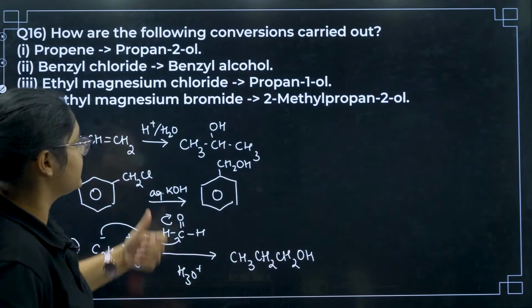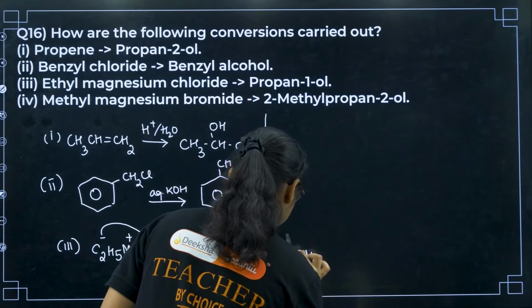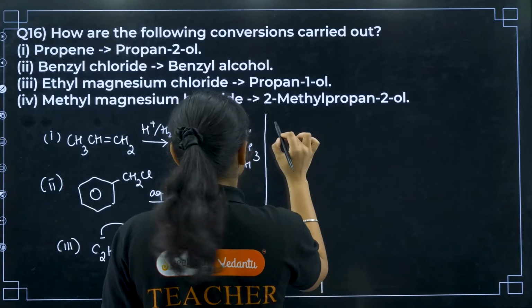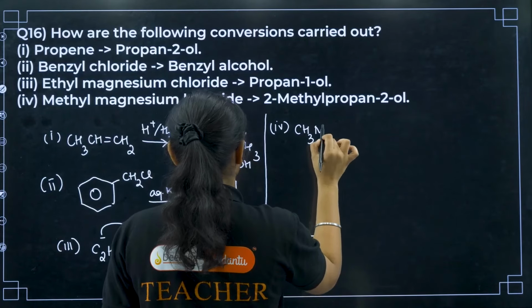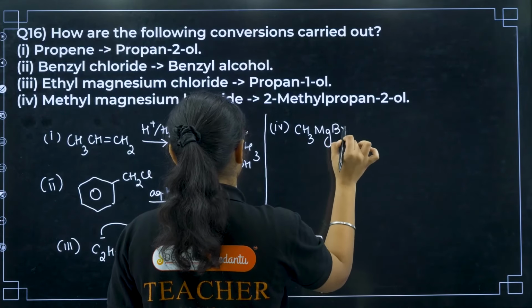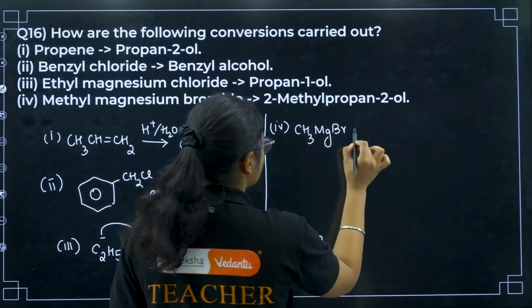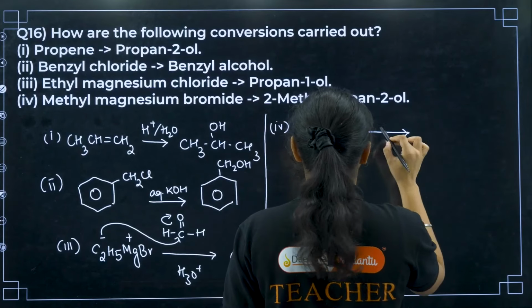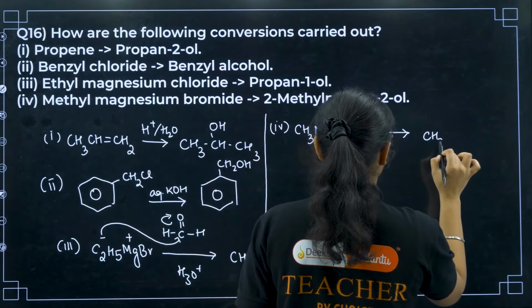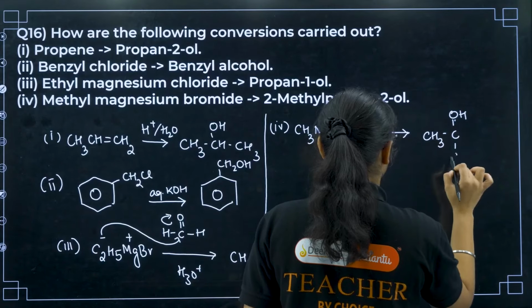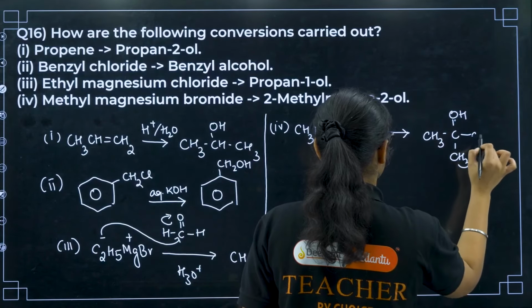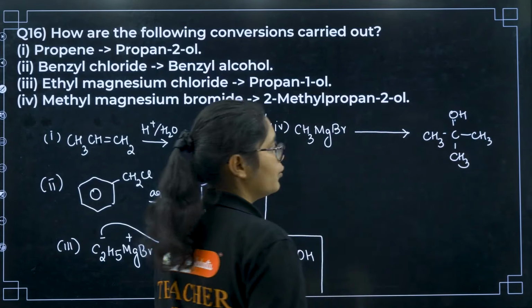Next, the fourth one, methyl magnesium bromide, that is reacting to give you 2-methylpropan-2-ol.